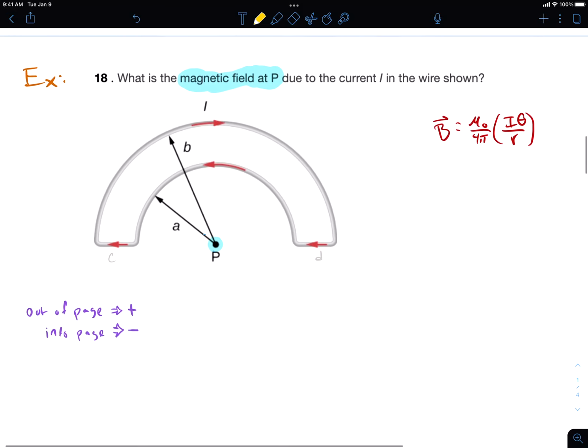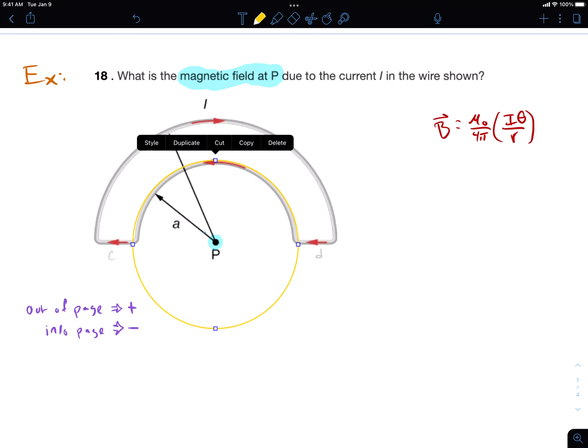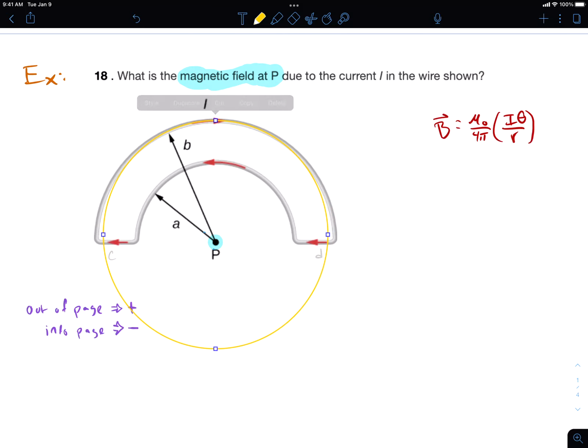If I were to draw this out, you'll see that P is at the center of some circle with the length A of the wire, and then there's another circle on the outside, and P is at the center of that circle as well. The only thing that doesn't fit is this little segment here, C, and this little segment here that I'm calling D. So we'll deal with those in a little bit.